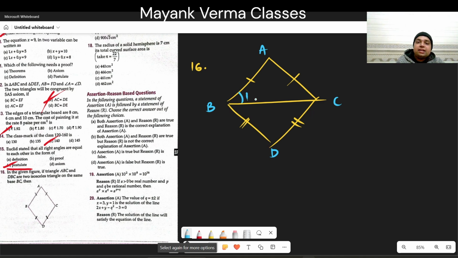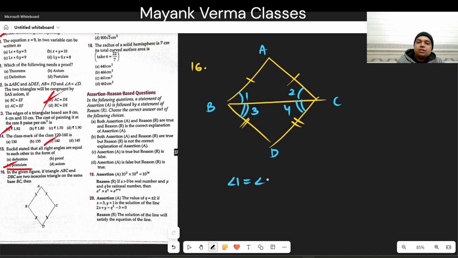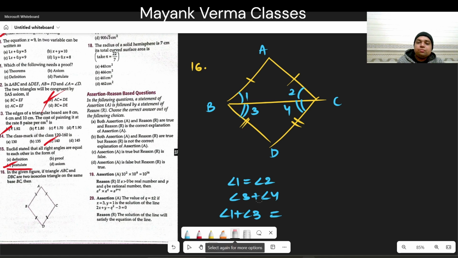So I can say angle 1 equals angle 2 and angle 3 equals angle 4. Let's add that. So angle 1 plus angle 3 should be equal to angle 2 plus angle 4.